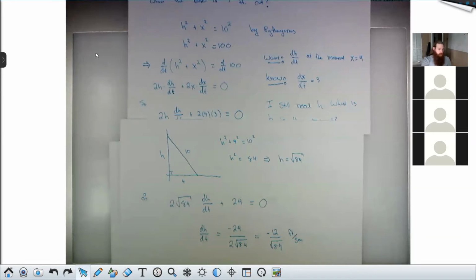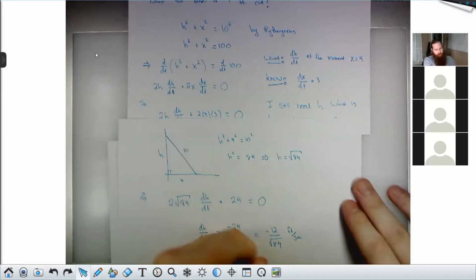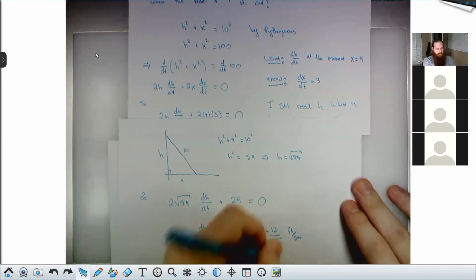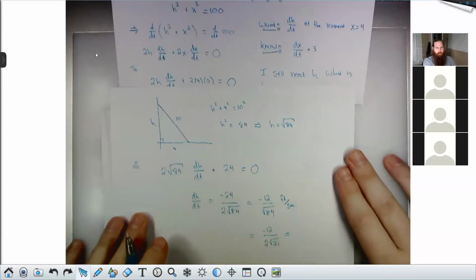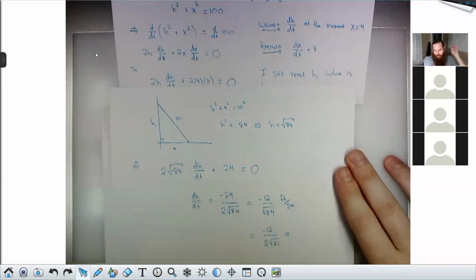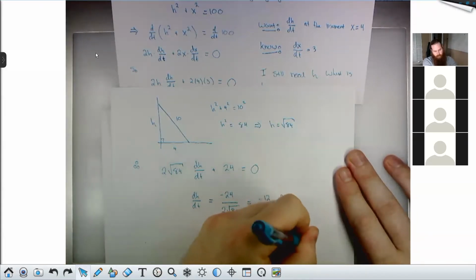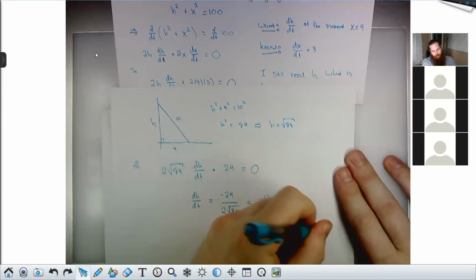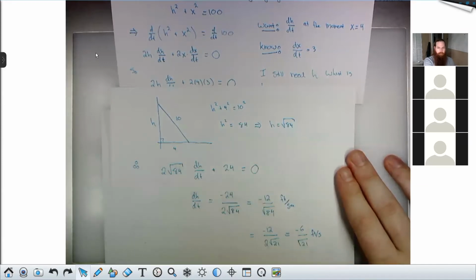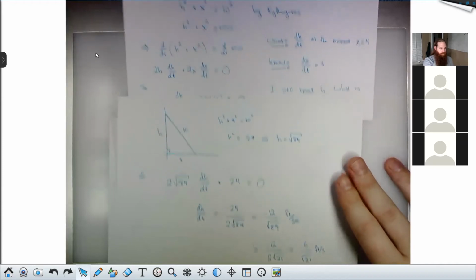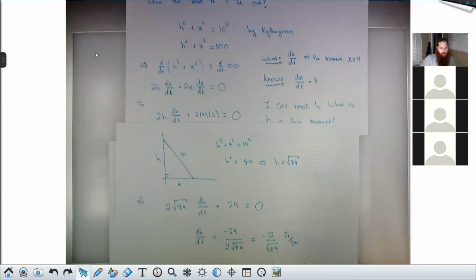So that's 2 square roots of 21. And then you can cancel another 2 and get negative 6 over the square root of 21 feet per second. But I would be perfectly happy with this. I'm much more concerned with the calculus here than anything else.